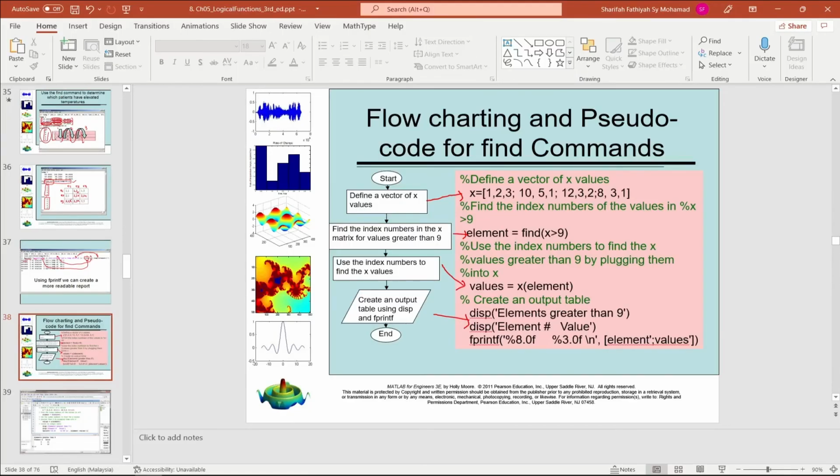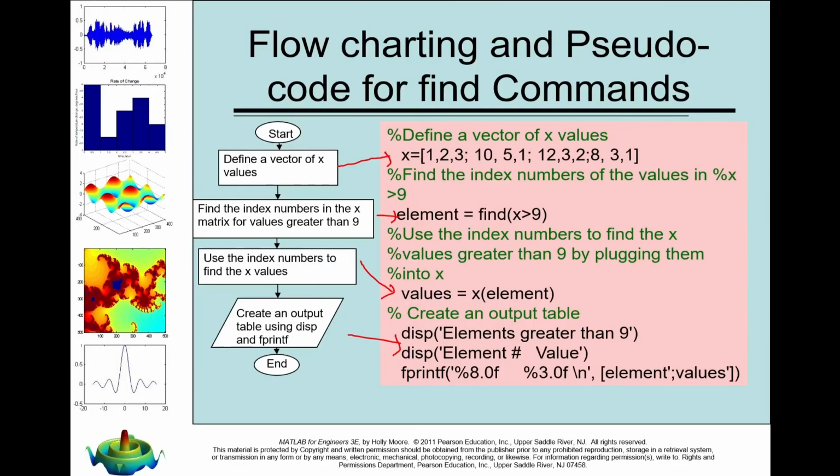So for find commands, this is an example of flowchart and pseudocode untuk find commands. Here we have the flowchart of the sequence of commands as shown on the left side. Let's say we have a vector of x values: 1, 2, 3, 10, 5, 1, 12, 3, 2, 8, 3, 1. And next, this is when we set the criteria.